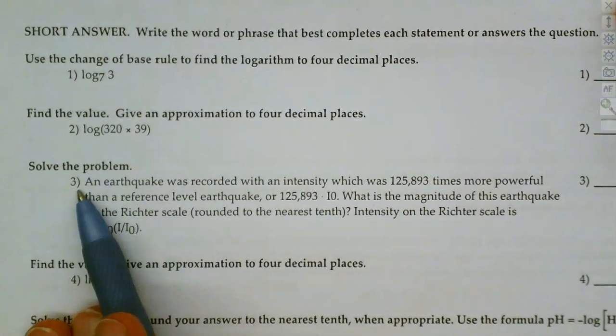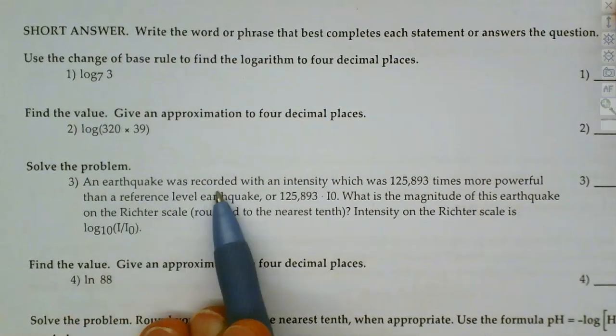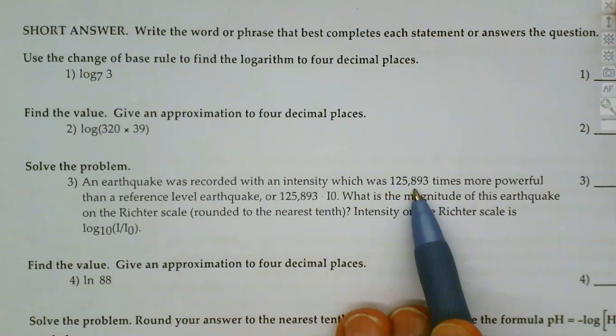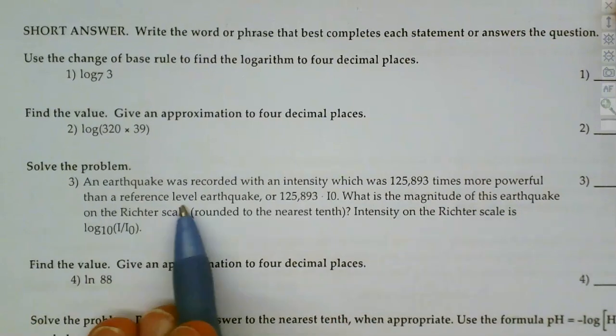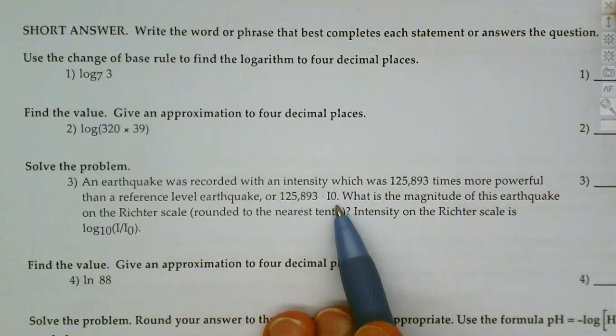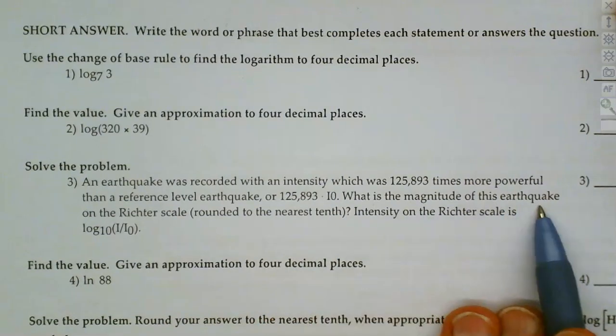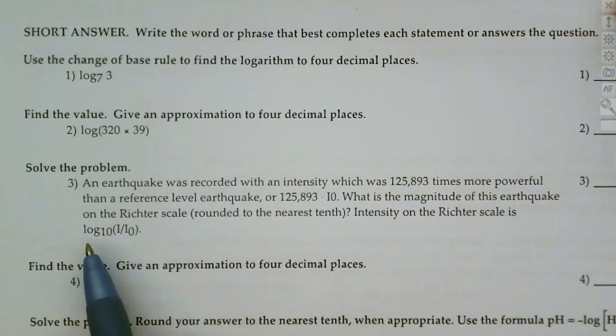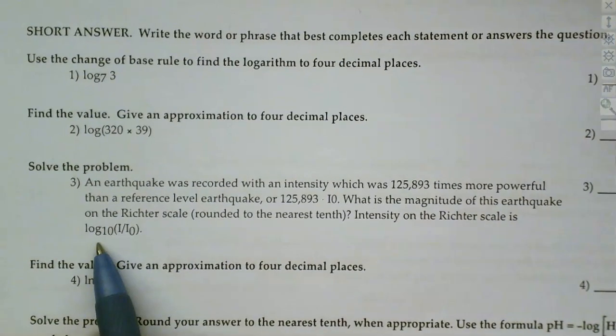Okay, so let's go ahead and read through this one. An earthquake was recorded with an intensity of 125,893 times more powerful than the reference earthquake, or that times I naught. What is the magnitude of this earthquake on the Richter scale? The Richter scale is this.